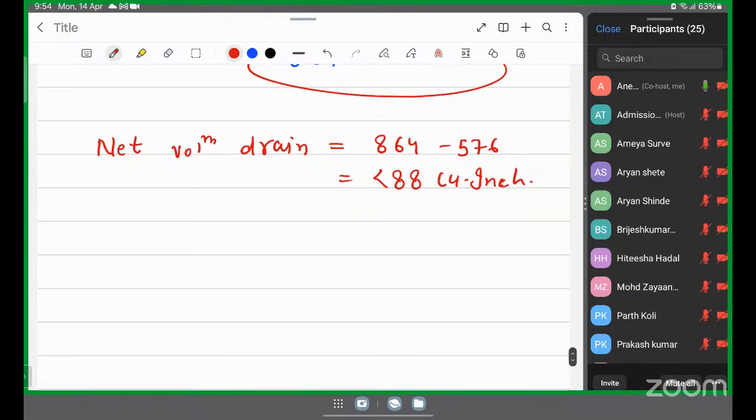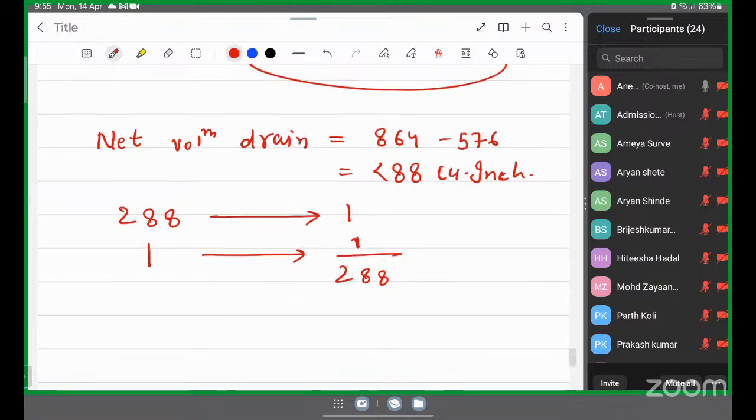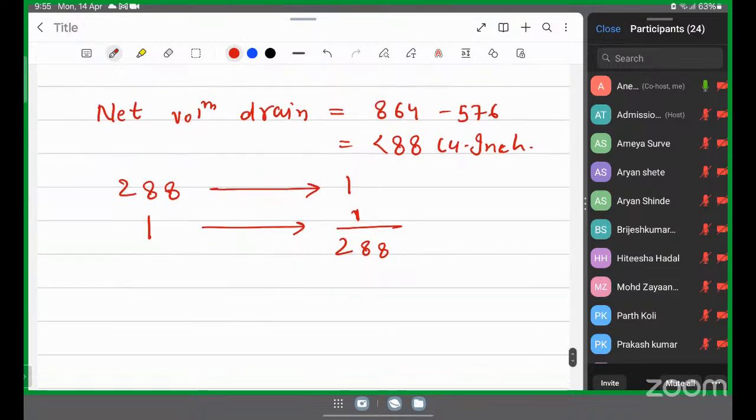And I want to empty the tank. So how much time will it take? You can consider it as 288 cubic inch can be emptied in 1 minute. So for 1 cubic inch it will be 1 by 288.